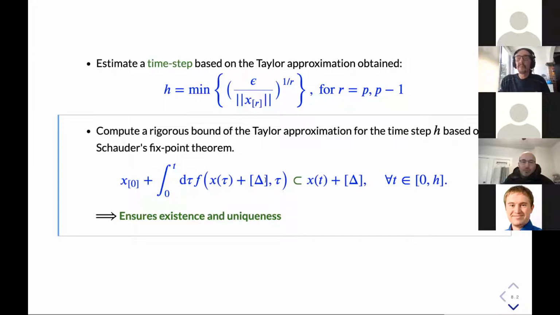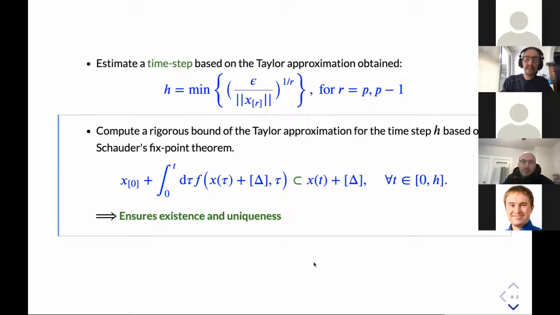So this is your candidate of the solution, and you want this Picard-Lindelof operator to contract and be contained in the original one. If you have this property, then you can ensure that the solution exists and is unique. And what we have currently are some, I think, very good heuristics for doing this, but it is not fully validated.